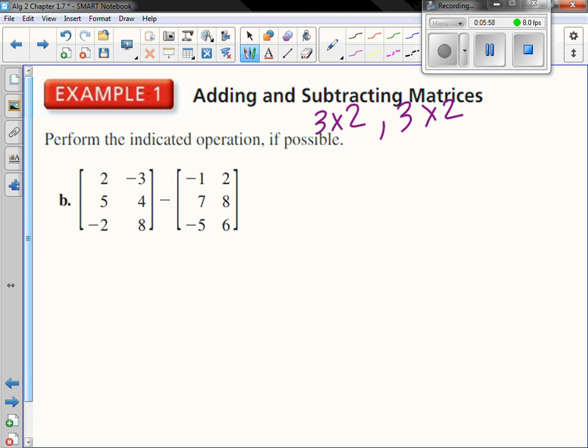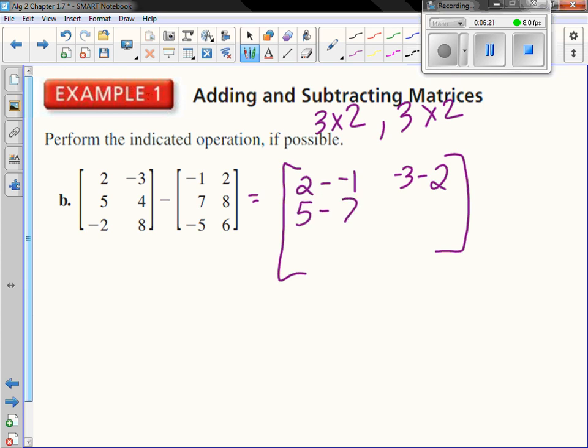So our first row, first column is 2 minus negative 1. And then we're going to have 3 minus 2. And what's next? We have 5 minus, and then 4 minus negative 2, and 8 minus.